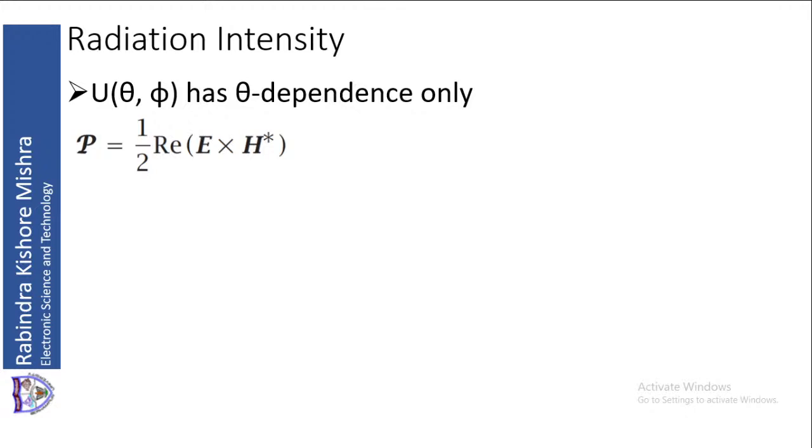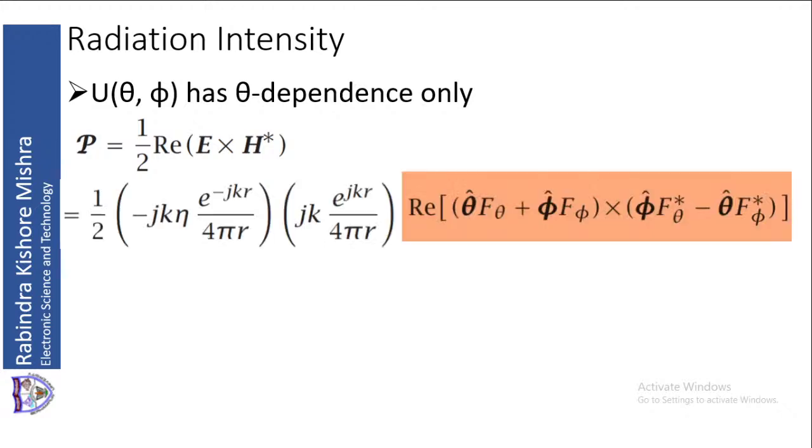So the power density is equal to half the real part of E cross H conjugate. So that is the definition of our Poynting vector. The time average Poynting vector is given by this expression. Now put what is E. We have found out what is E. E is equal to j k eta exponential minus j k r by 4 pi r.